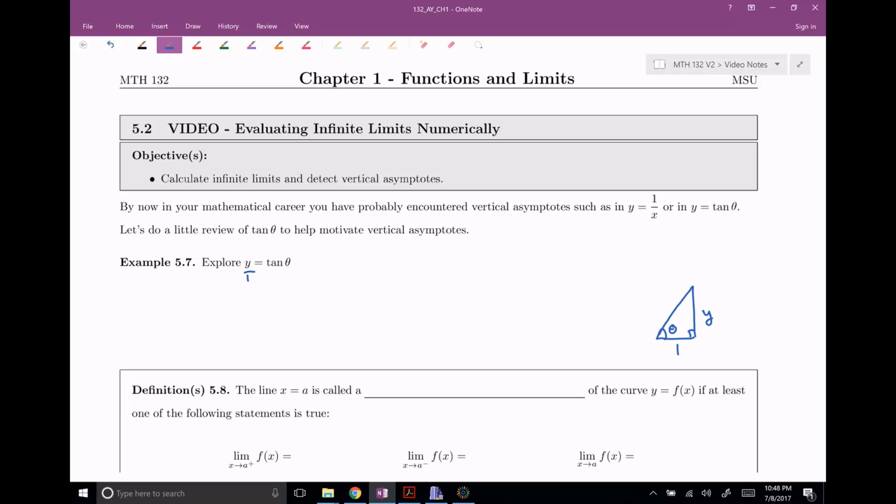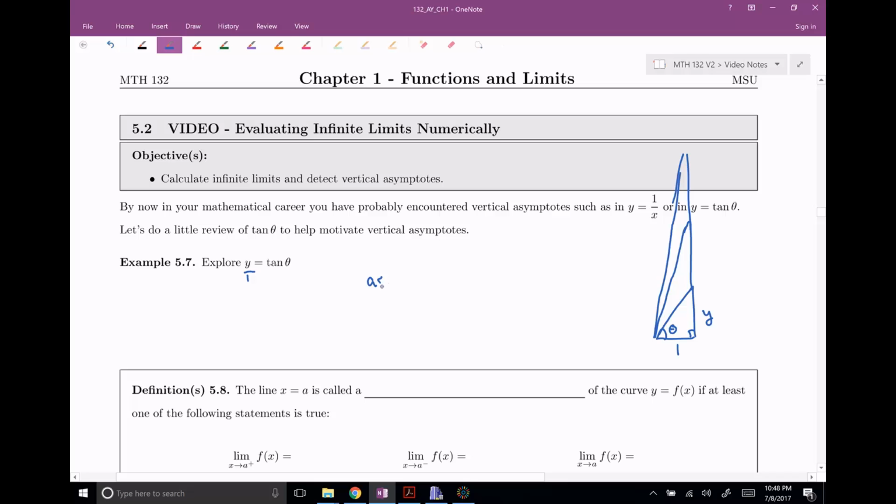And now, if you let this theta value grow a little bit, maybe get closer and closer to 90 degrees, as this theta value gets closer to 90 degrees, or pi over 2 radians, this y value is growing, right? This is getting larger and larger.